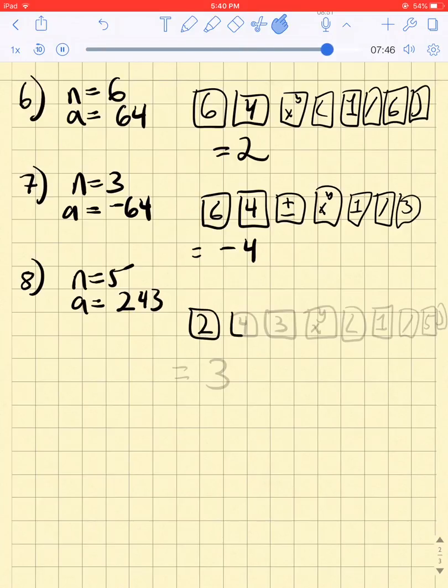243 as our A, and I'm going to do an x to the y, and then open parentheses, and then 1, and then division symbol 5, close parentheses.